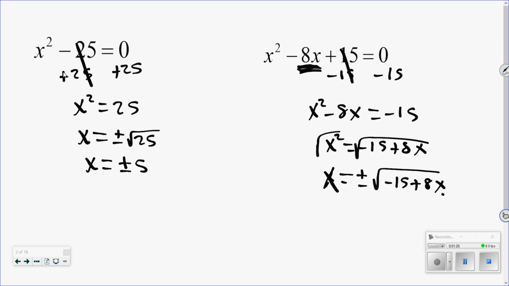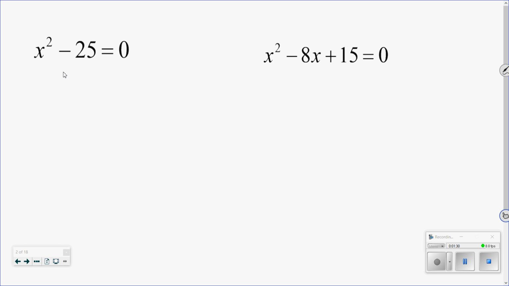Just as a quick side note, if you'll add these to your notes here, this was not in there on the original notes. We want to have the quadratic in something called standard form. What that means is this first term, the squared term, which we call the quadratic term, comes first.